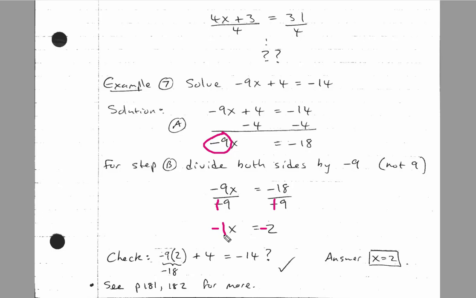You could do one more step here, divide both sides by negative 1 to get x, but I don't recommend that. Just take whatever number is multiplying the x, and divide both sides by that exact number, using the sign.